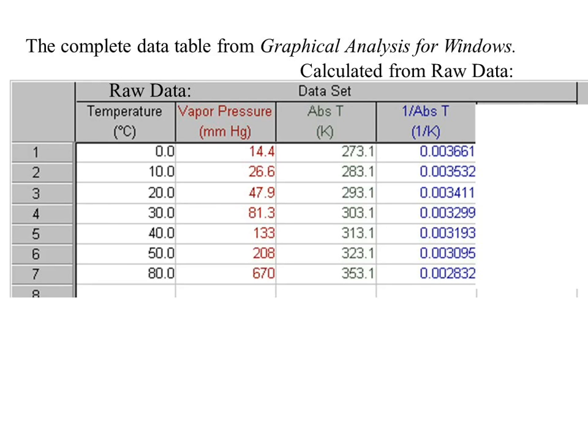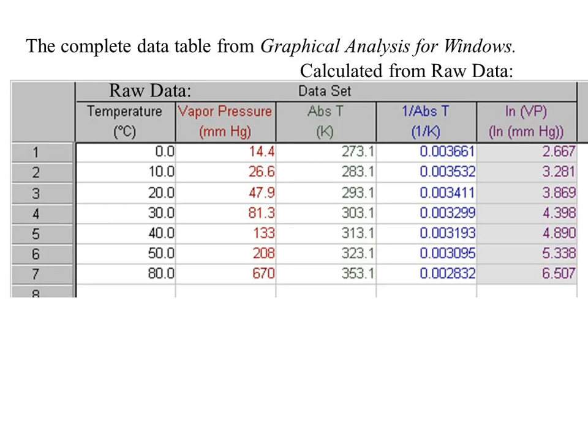And that's now ready for the x-axis. And then one more fix. Basically, we need to take the raw equilibrium vapor pressure and take the natural log of it. And that's what this is. This last column came from the second column, the raw data, calculated. So that's going to go along our y-axis. And we're ready. So we just need to snag these and see what we got.